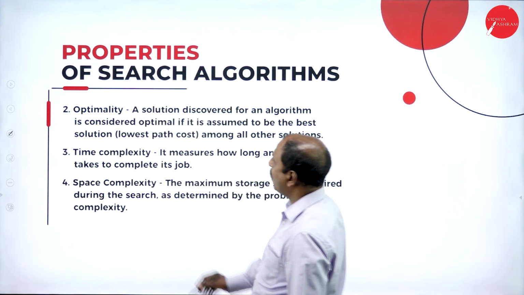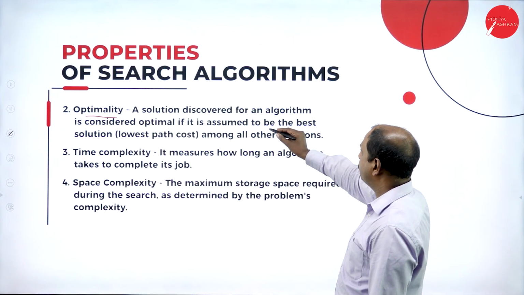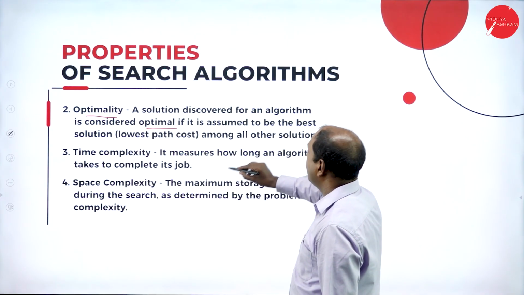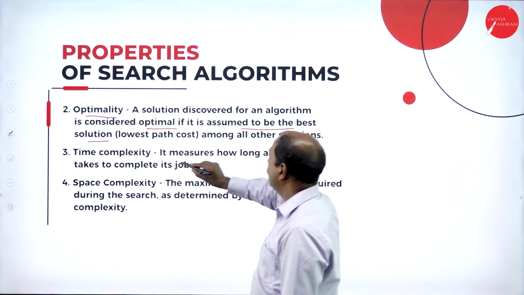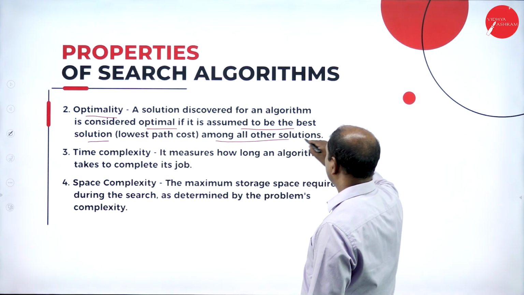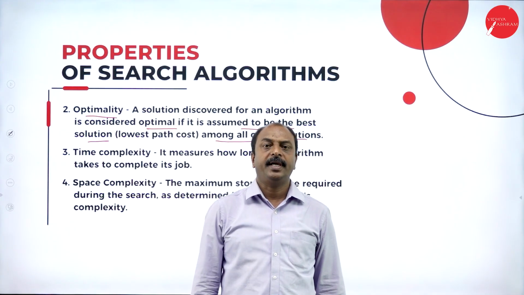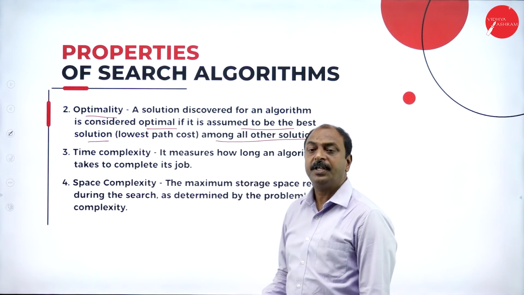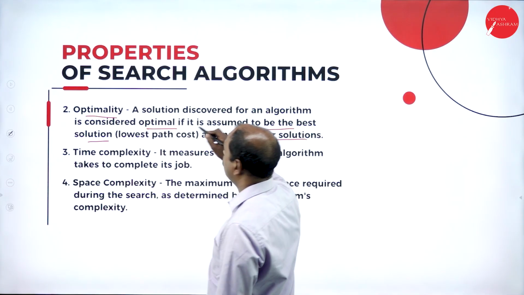The second factor is optimality. A solution discovered by an algorithm is optimal if it is assumed to be the best solution, with the lowest path cost among all the other solutions. As we know, an AI agent will have a number of solutions or predefined models, and based on that, we have to select the best solution.